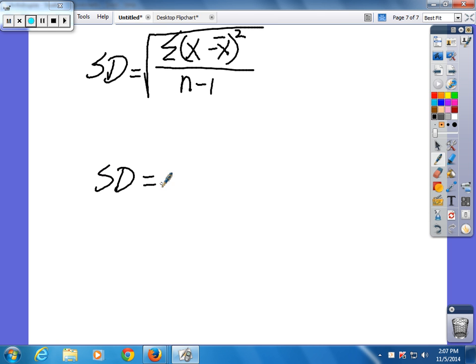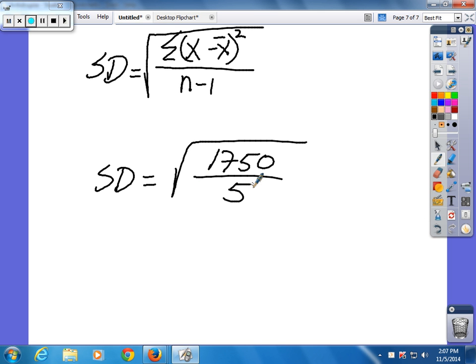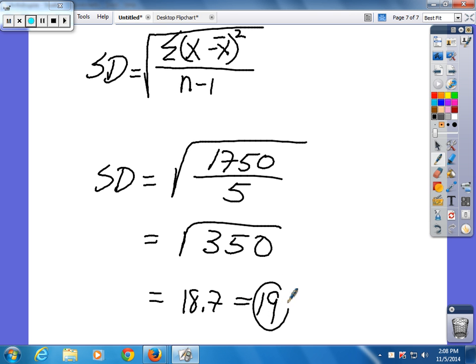Standard deviation is equal to the square root of 1750 over 6 minus 1, which is 5. Somebody divide 1750 by 5, that's going to be 350. Somebody take the square root of 350. What do you get? 18.70.